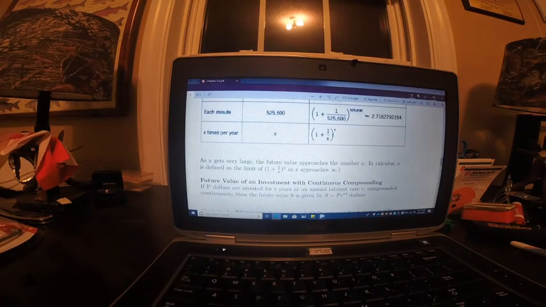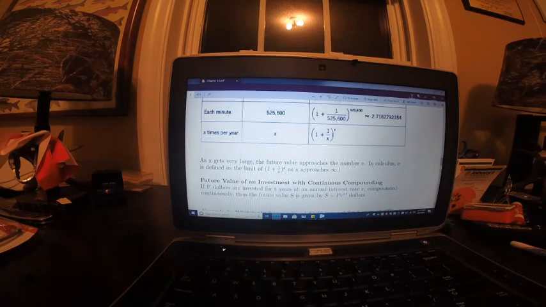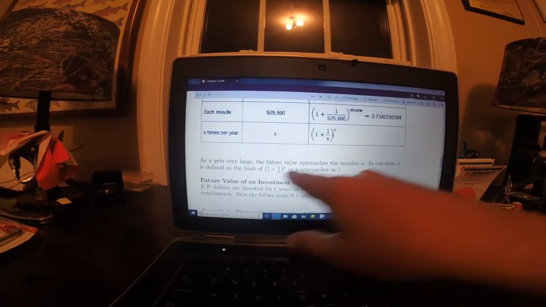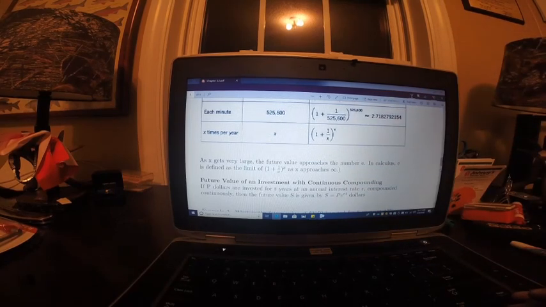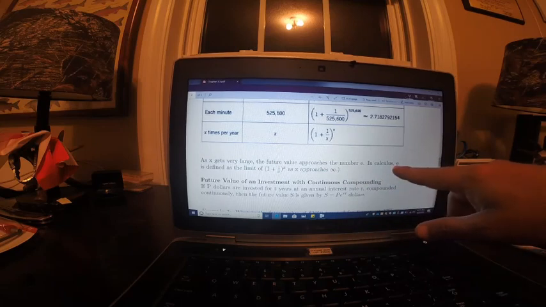If this was a calculus class, we would look at something called the limit. But essentially all we're going to say here is as x gets very large, the future value approaches the number e. So in calculus, e is defined as the limit of 1 plus 1 over x raised to the x as x approaches infinity. Essentially, as x gets really large, it heads towards this e number.